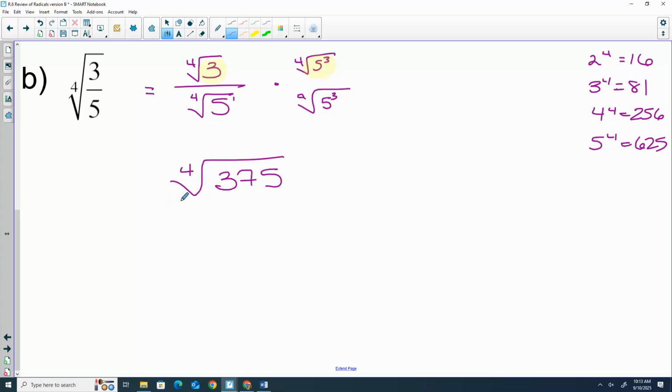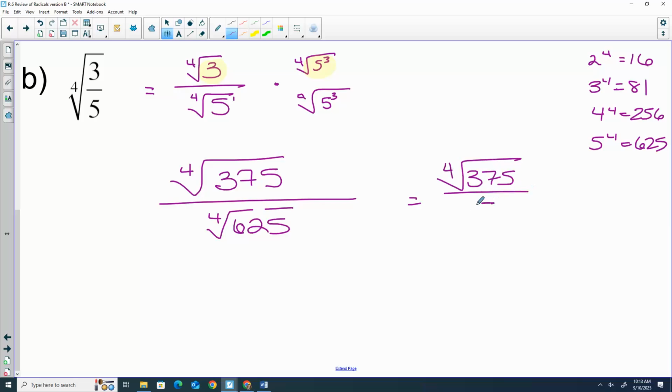Nobody's double checking me at all. So sad. Okay, on the bottom, if I take 5 times 5 to the 3rd, I get 625. But what is the 4th root of 625? That's 5. So we get the 4th root of 375 over 5.